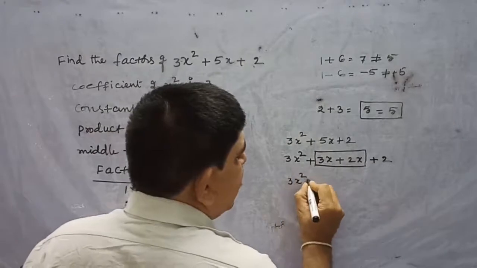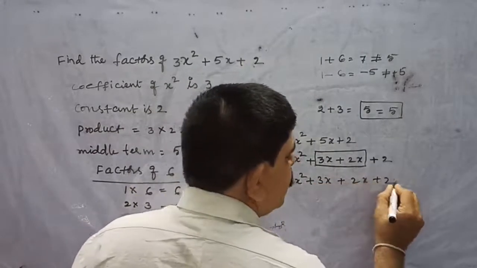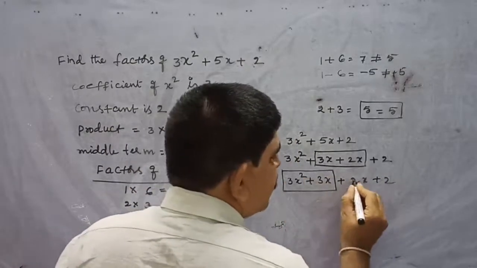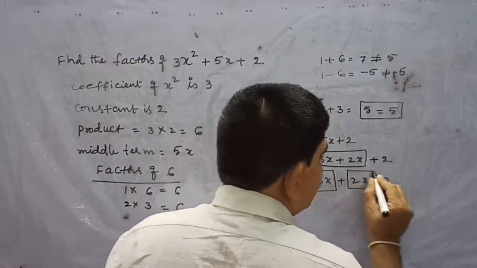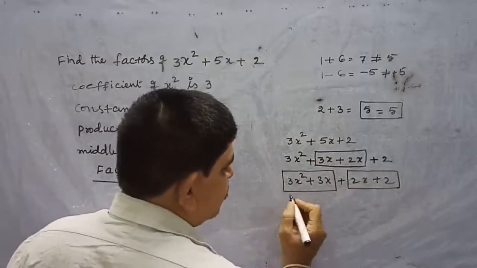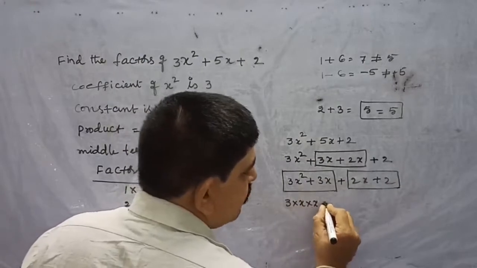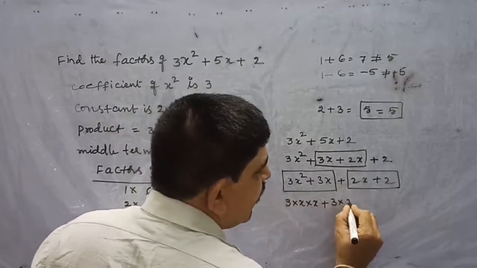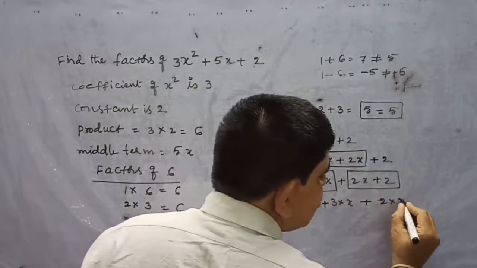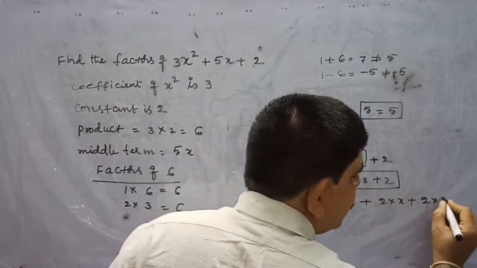Now 3x square plus 3x plus 2x plus 2. Now you take the first part and second part. The first part can be written as 3 into x into x plus 3 into x, and the second part 2x plus 2 can be written as 2 into x plus 2 into 1.